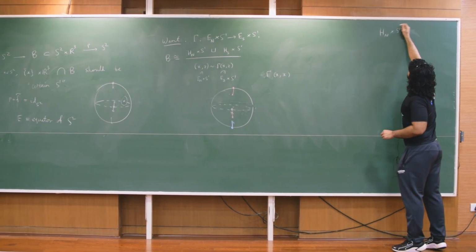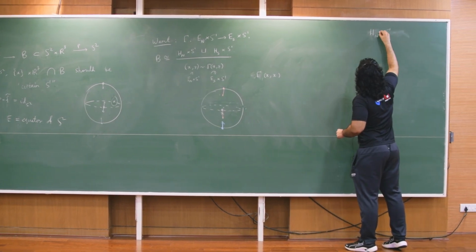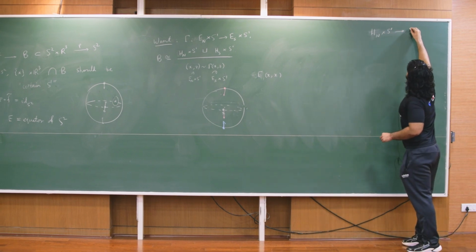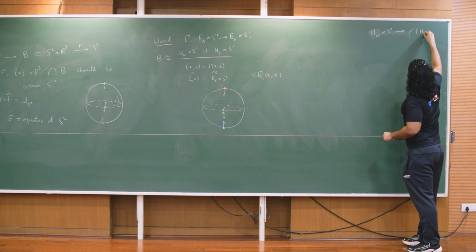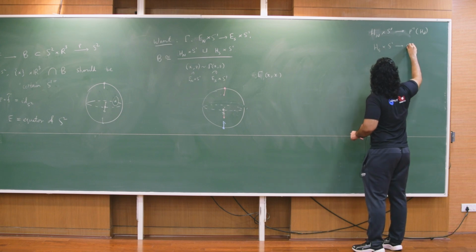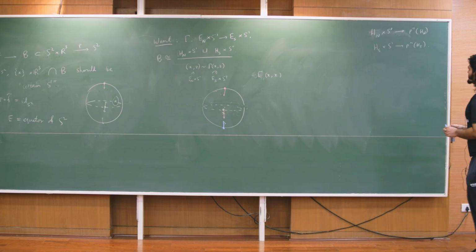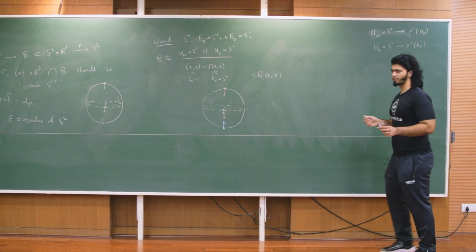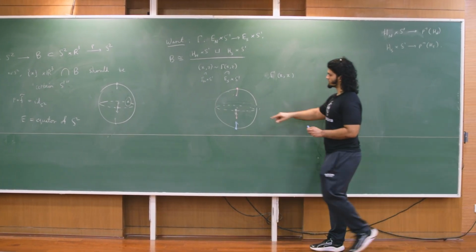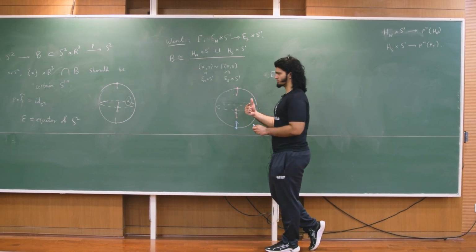So you had something like this, d2. So under this identification, which we didn't write out explicitly but I described as the sliding action, this downward vector at x corresponds to the vector coming straight out of the board.